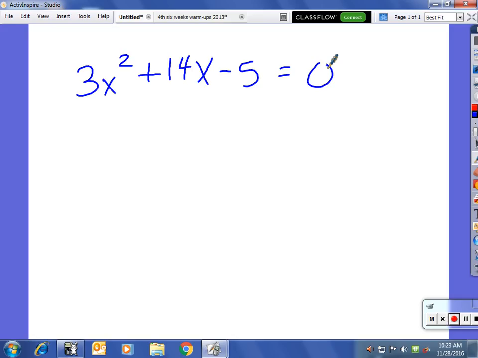First step you always should do is ask yourself, is there a GCF? I don't want you to get out of that habit because we're going to be doing several that don't have a GCF, but please don't get out of that habit. Is there a GCF here? No. Then you start factoring like normal.